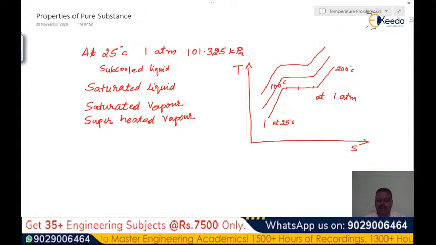And if we join these saturated liquid lines, see, these are saturated liquid lines, right? And if we join saturated vapor line after that, we will have a curve like this.